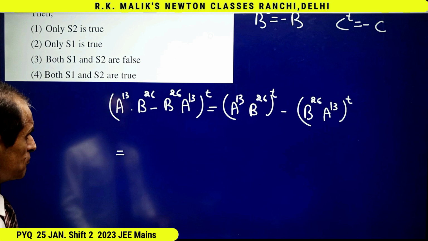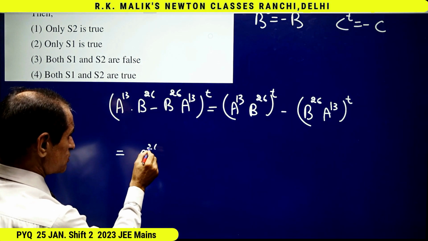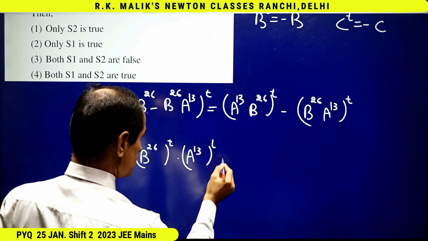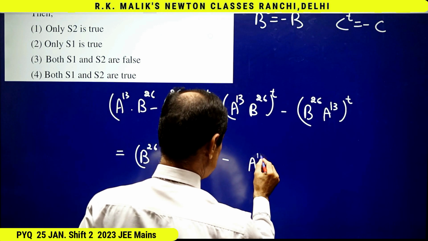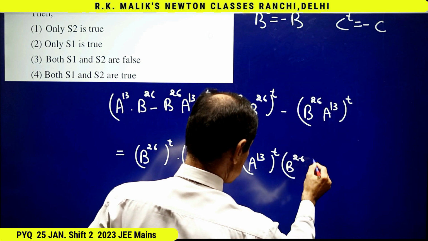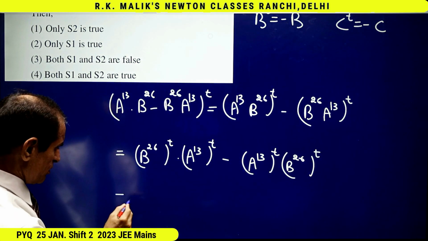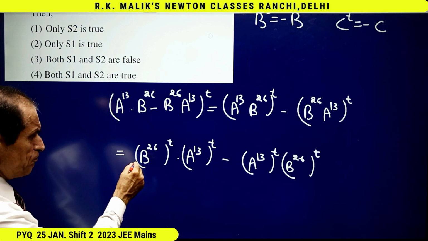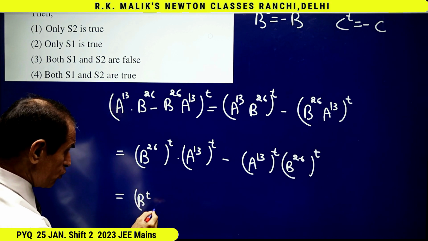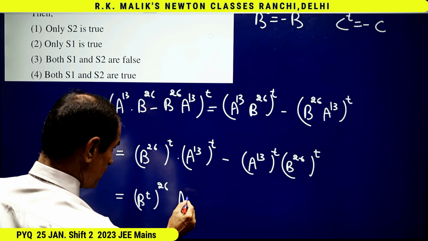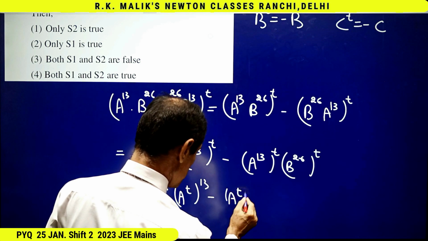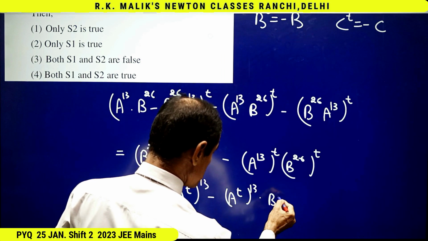This is equal to (B to the power 26) whole transpose into (A to the power 13) whole transpose minus (A to the power 13) whole transpose into (B to the power 26) whole transpose. And just now I told that (B to the power n) whole transpose is equal to (B transpose) whole to the power 26, (A transpose) whole to the power 13 minus (A transpose) whole to the power 13 into (B transpose) whole to the power 26.